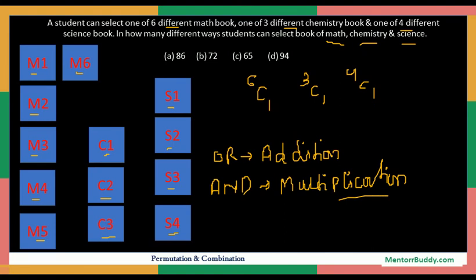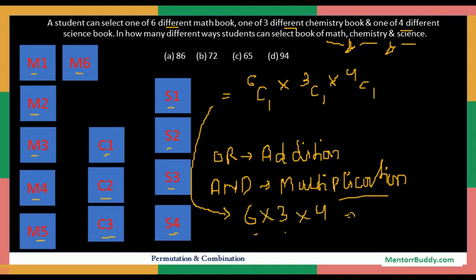In this case we have to select one math book and one chemistry book and one science book, so we multiply. 6C1 is 6, 3C1 is 3, 4C1 is 4. 6 into 3 is 18, into 4 equals 72 ways, and that is given as option B, that is 72.